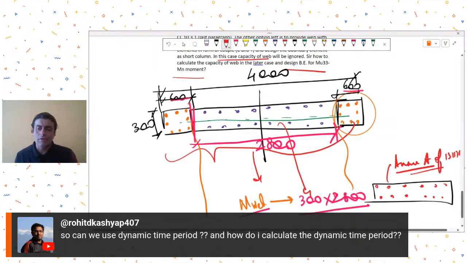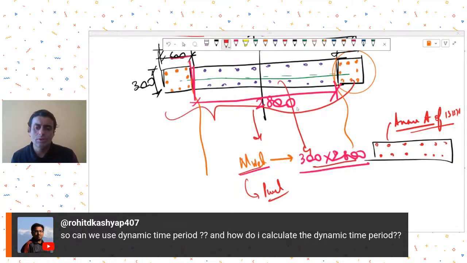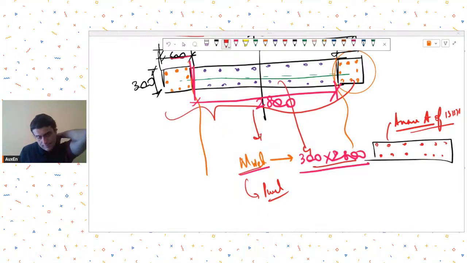Using annexure A of IS 13920 and taking these dimensions, you calculate the moment capacity of the web, of course, corresponding to the axial load being resisted by the web. To calculate the axial load being resisted by the web, you can just use the proportionality thing, proportional to your areas of web and areas of boundary element.